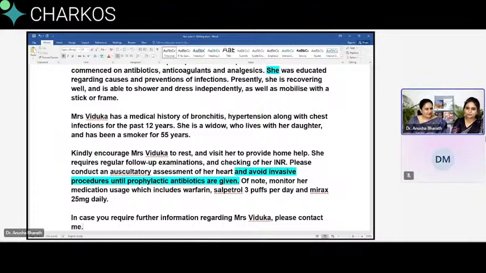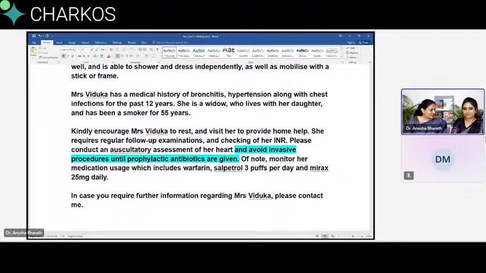Of course, the other options are: please do not hesitate to contact me if you require further information regarding Mrs. Viduka. Or, kindly contact me for further information regarding Mrs. Viduka. Or should you require further information? Instead of in case, you can use should you require further information. So these are stems that can be used for your concluding statements.